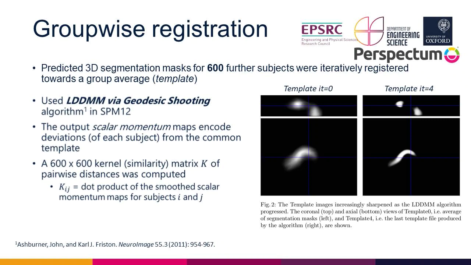We built a kernel similarity matrix using dot products of the smooth scalar momentum maps. This kernel matrix encodes pairwise distances between subjects and allows us to use manifold learning for nonlinear dimensionality reduction.